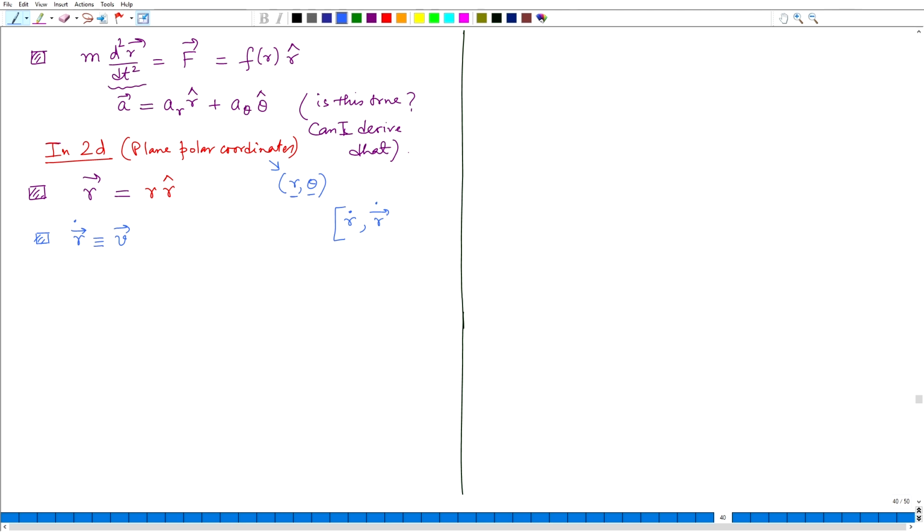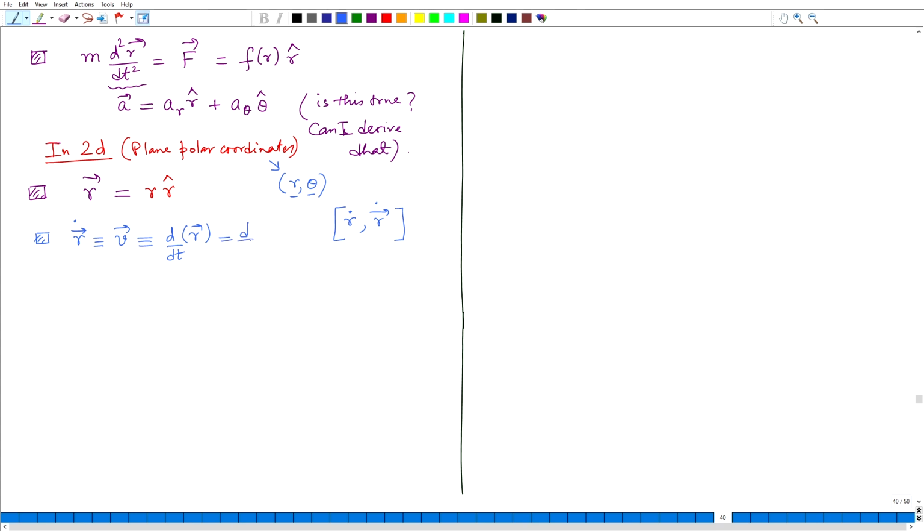They are actually different, and I am coming to this point in a while. So, once again, this is d/dt of the r vector as a whole. This is the velocity vector.